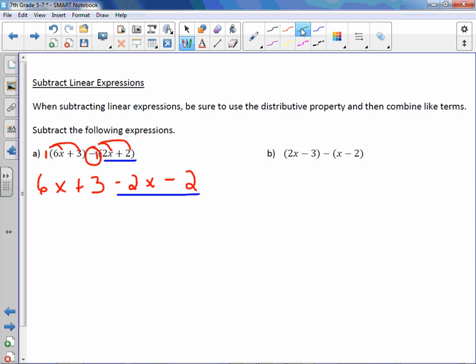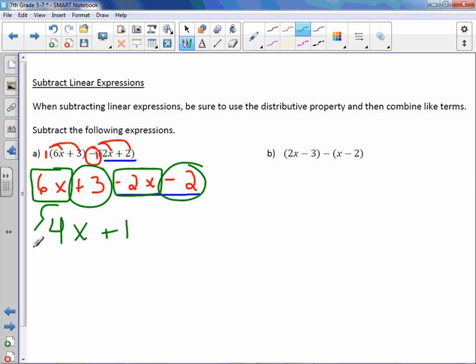So from here, we're going to do the same as we did in the previous lesson and combine like terms. Positive 6x, -2x is 4x. Positive 3, -2 is positive 1.